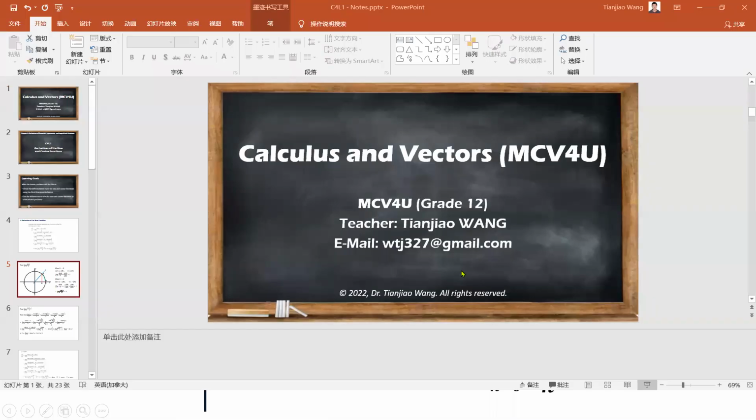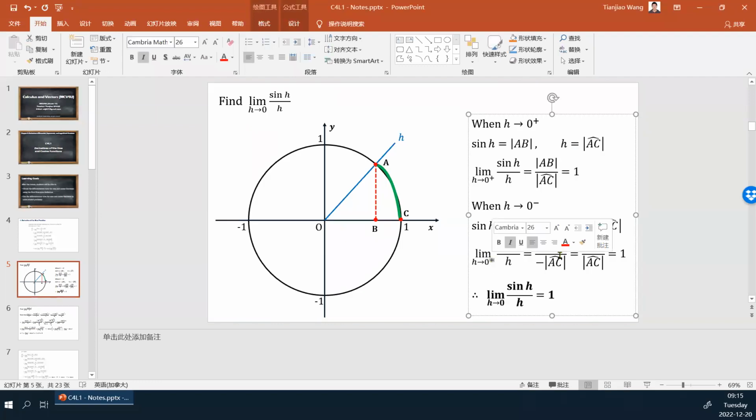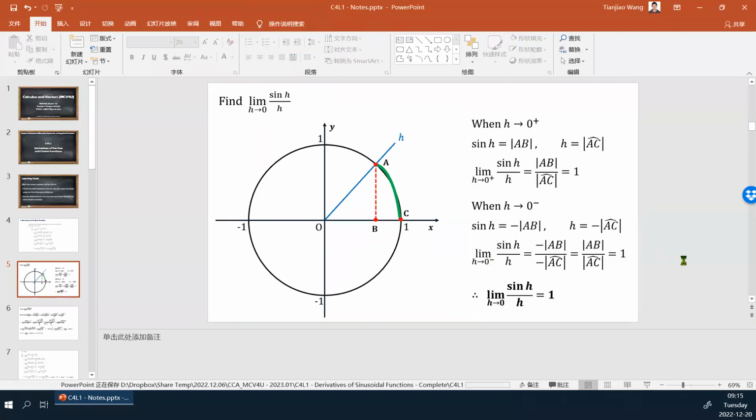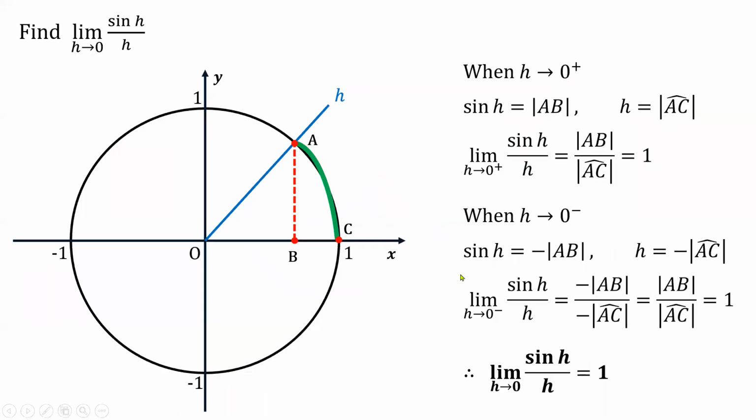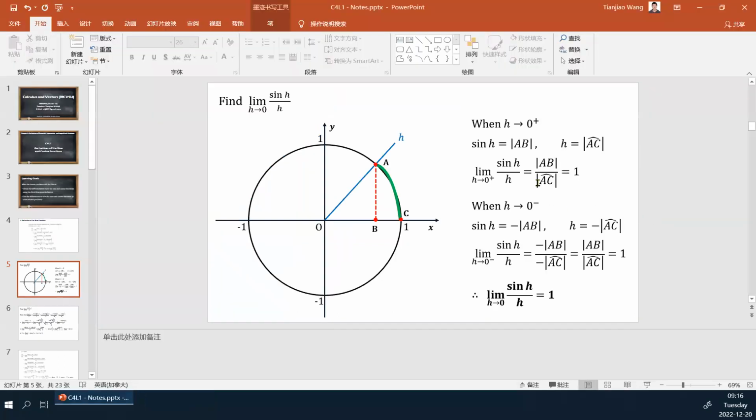All right, there's a typo here. Let's correct this. Okay, therefore, the limit of sine h over h as h approaches 0 from the negative side equals negative the length of AB over negative the length of arc AC, which also equals AB over the arc AC, which is also 1, right?